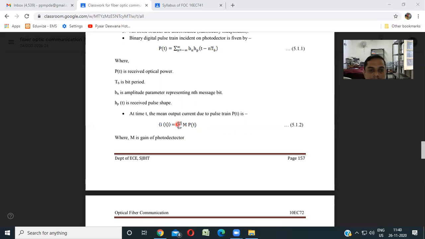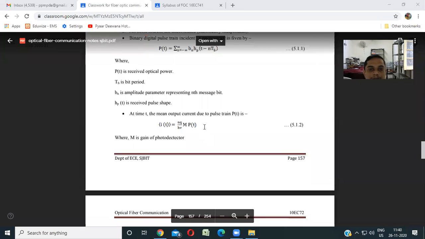Please recall in module 2, we have discussed the responsivity while discussing the photodetectors.